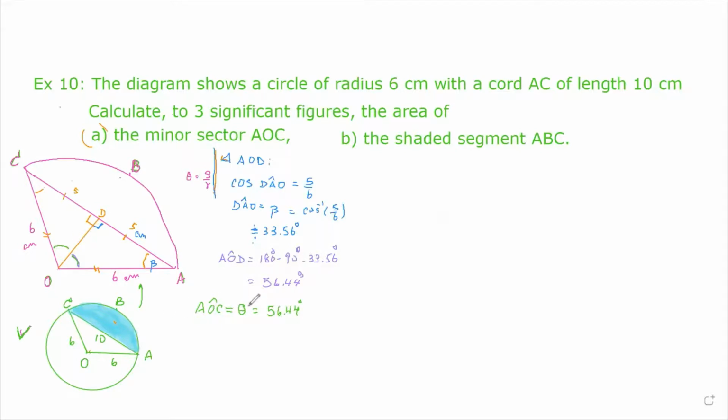So we let this one equal to 56.44, then times 2. 56.44 times 2 becomes 112.88 degrees.